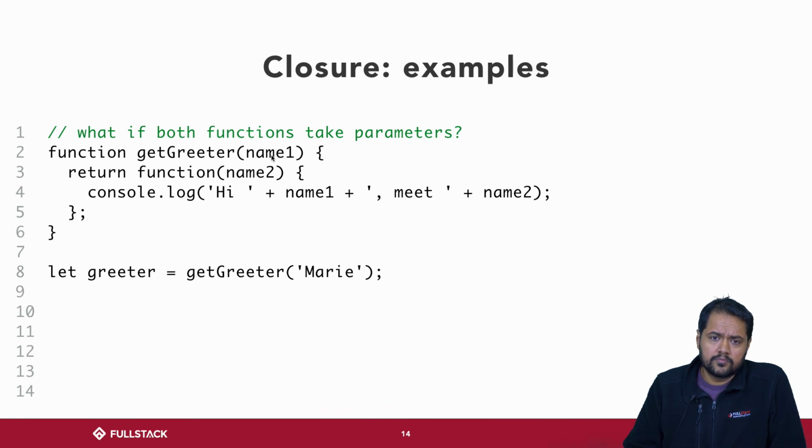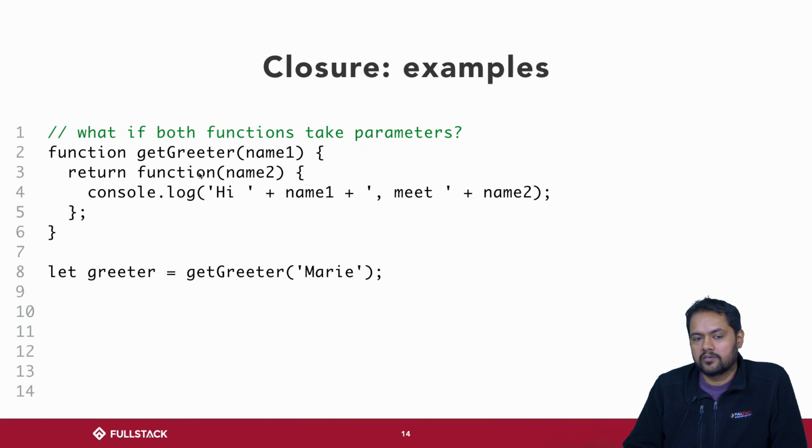So Marie gets put in name1, and it returns a function that takes something that's name2. Now name2 is still not defined at this point because greeter is just a function that takes a variable, right? And we're going to call that variable name2.